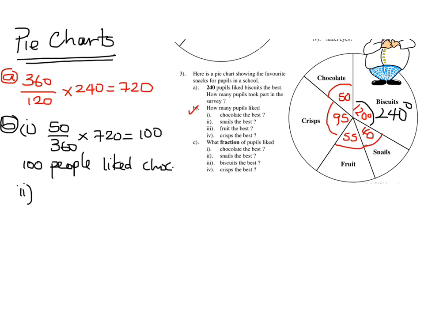So I've worked out that my angle for snails is 40, so I will do the exact same thing again. I will just do 40 divided by 360 and times that by 720, which is going to give me 80 people there. So I can say the same sentence.